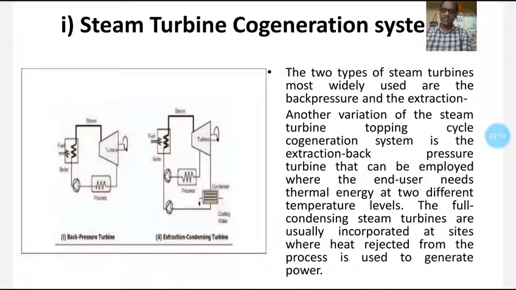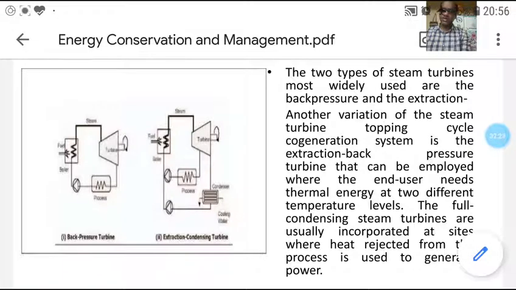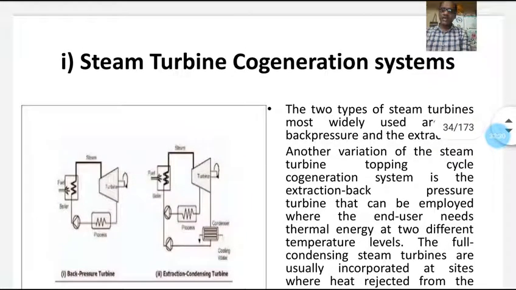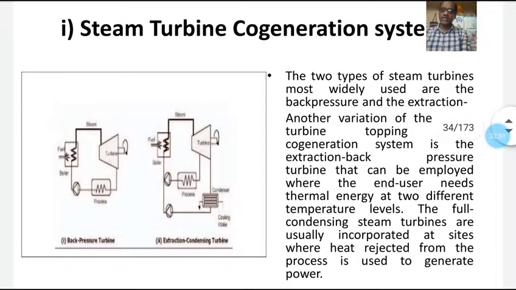They can install a back pressure turbine or an extraction condensing type of turbine for their own industrial needs, and they can get the electricity to run their own equipment, and if excess energy is there, with permission they can send it to the grid also.